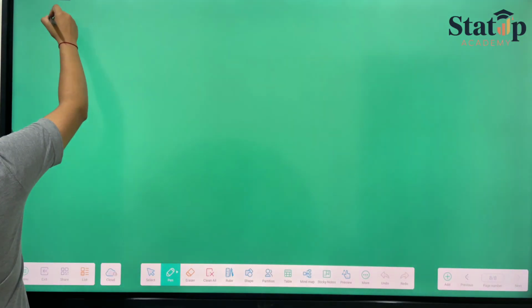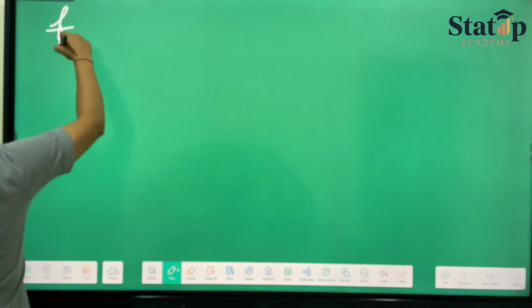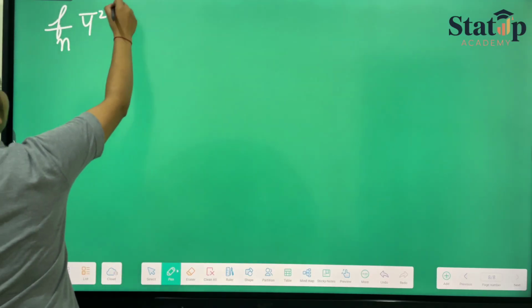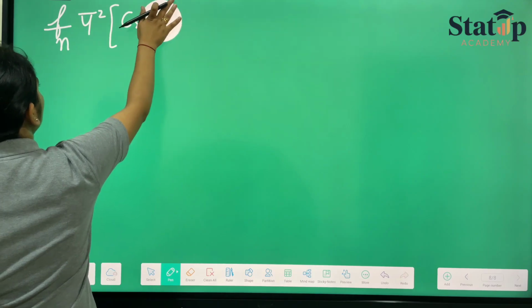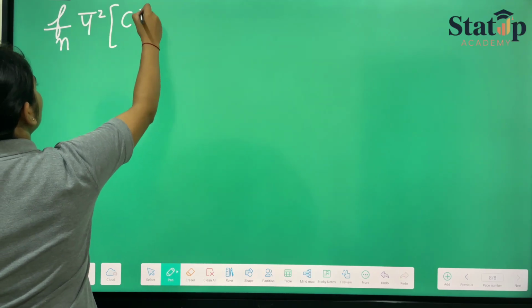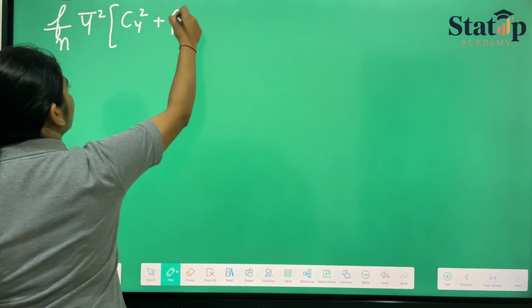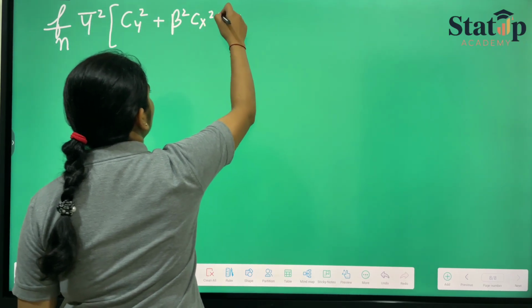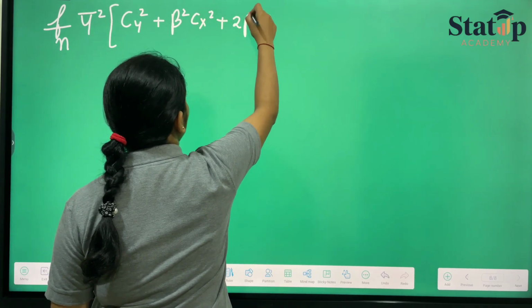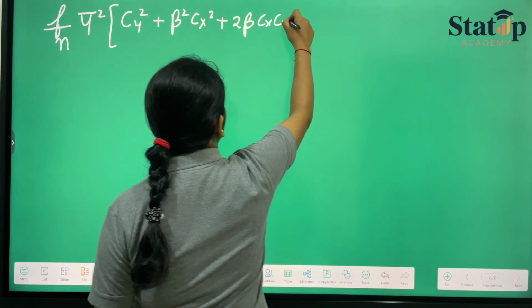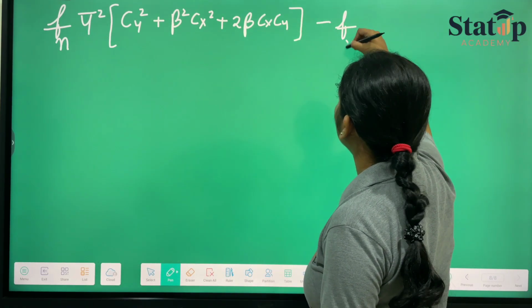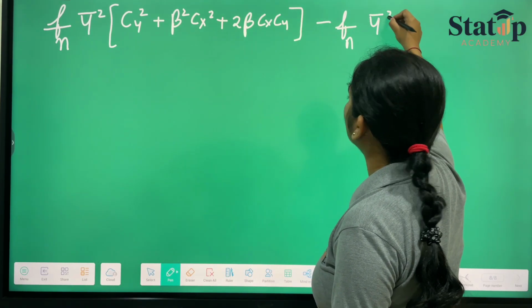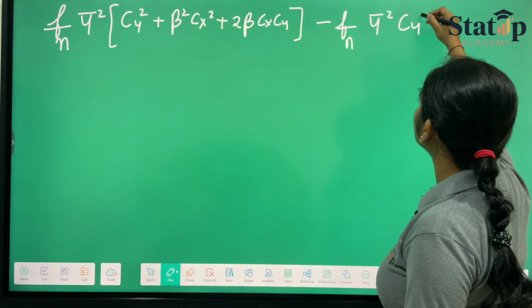This can be written as f by n into capital Y bar square Cy square plus beta square Cx square plus 2 beta Cx Cy minus f by n Y bar square into Cy square.